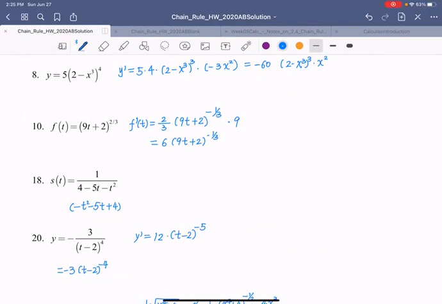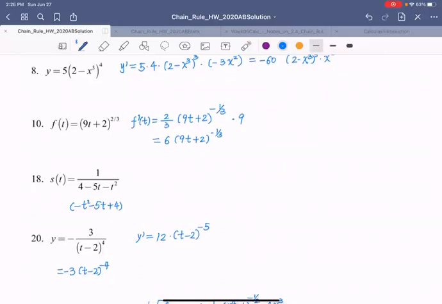Number 18, go ahead. Okay, so we can rewrite this as negative t squared minus 5t plus 4 to the power of negative 1, right?